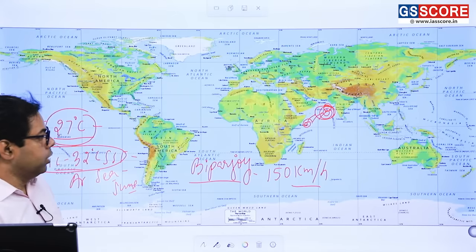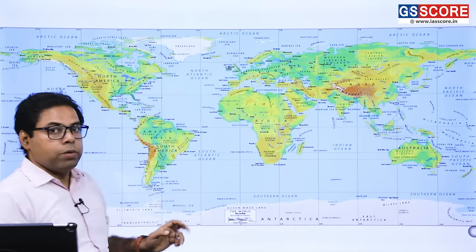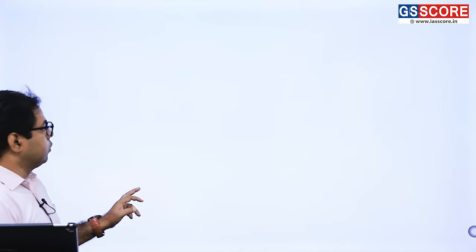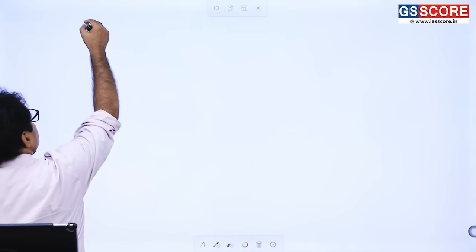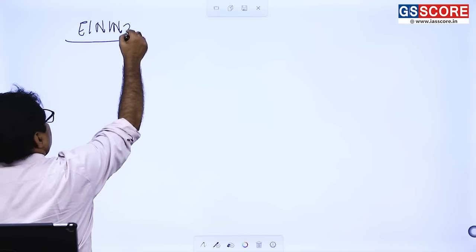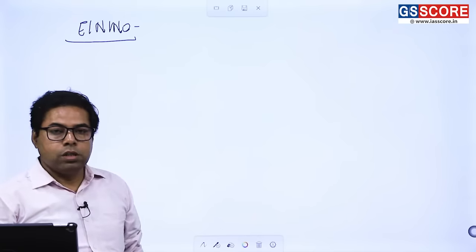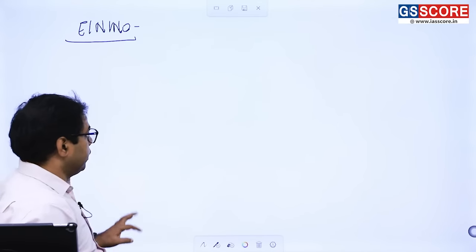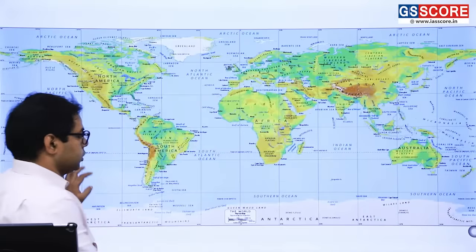Then the other impact of the marine heat wave observed in the case of India is the effect of El Nino. We are all well aware of the origin of El Nino. It develops on the coast of the Southeast Pacific.